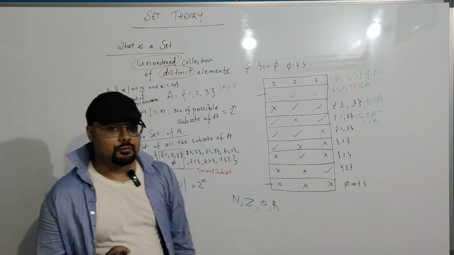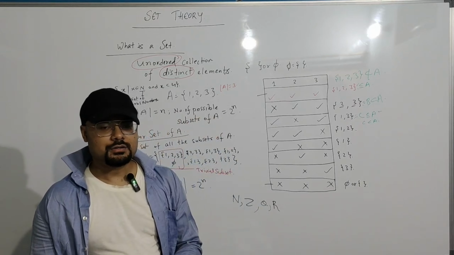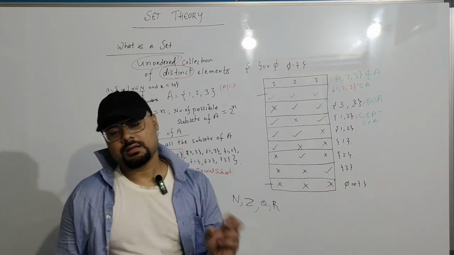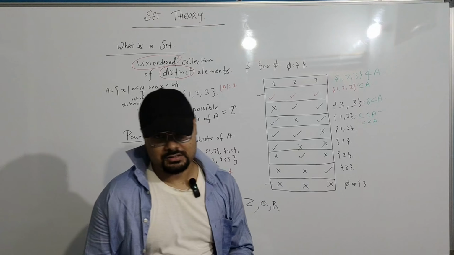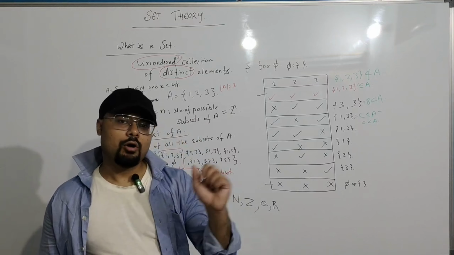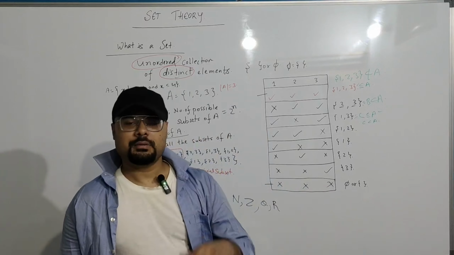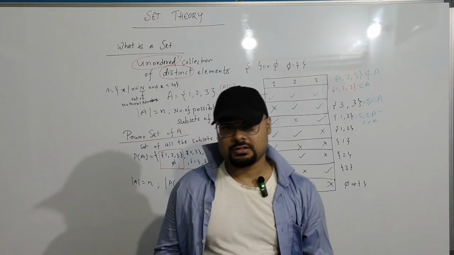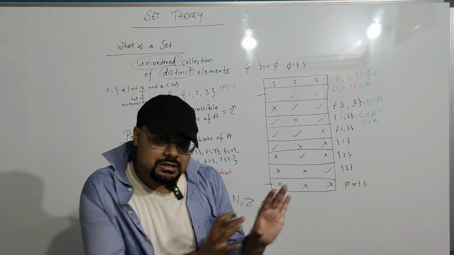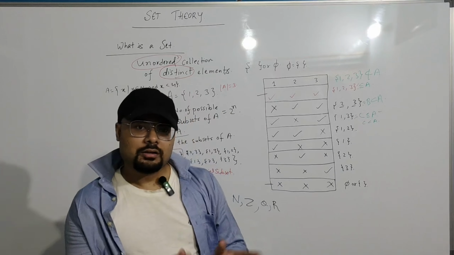For example, take the case of a university. In a university, you can have one set of students. Some students may be learning physics. Some may have opted to learn chemistry, some mathematics, some politics.